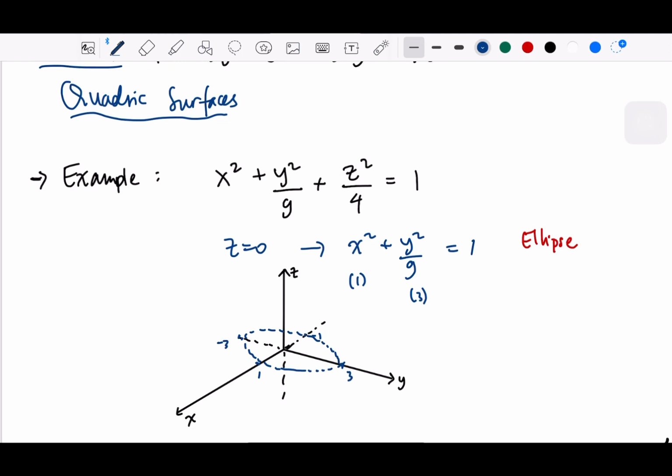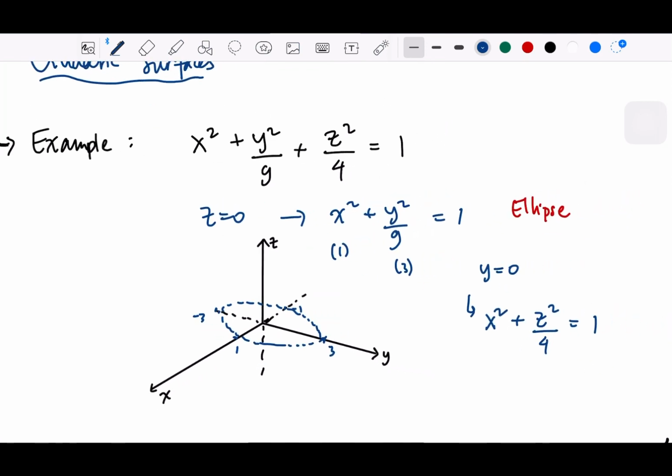So we can make another assumption that y equals 0. So we will get x squared plus z squared over 4 equal 1. Now this is another ellipse, right? So x is 1 and z is 2, the distance, right?